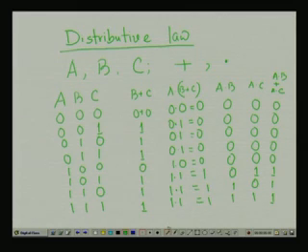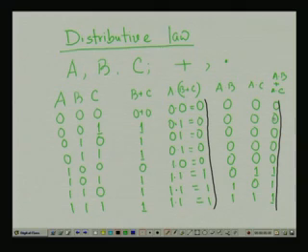Now, see that if we do the comparison, then for this A dot B plus C, there are 5 zeros, 3 ones. Similarly, from here we will be seeing 5 zeros and 3 ones.